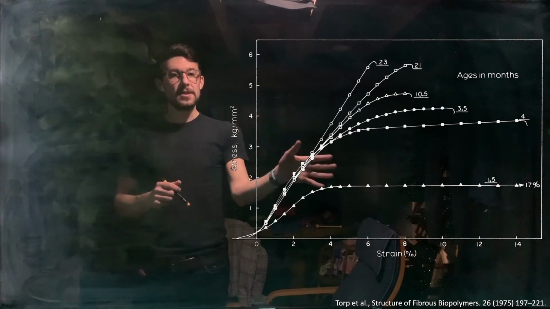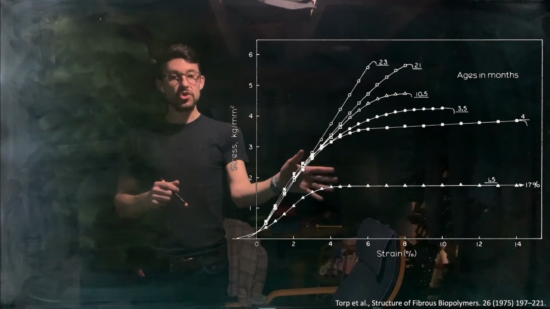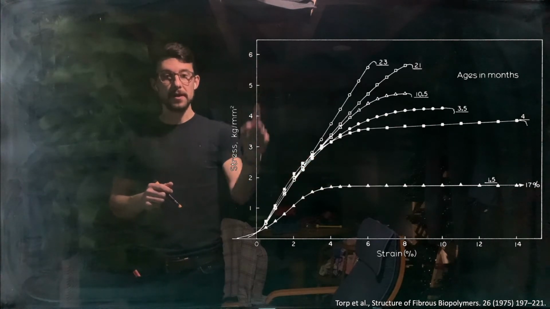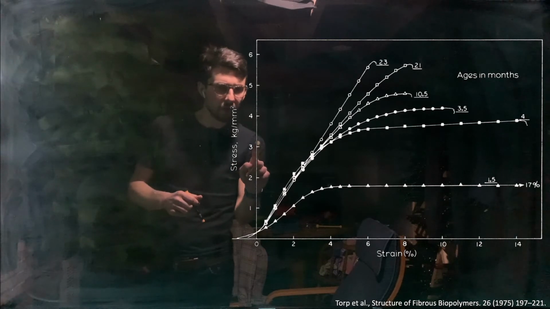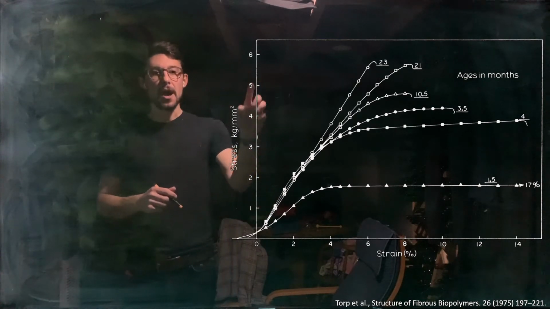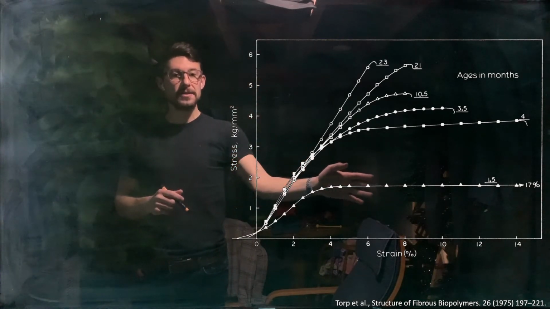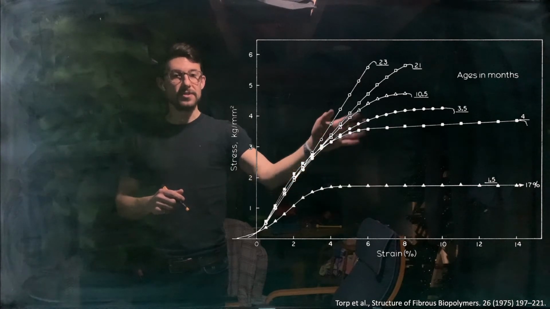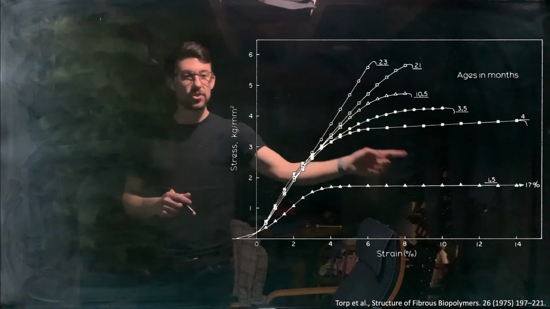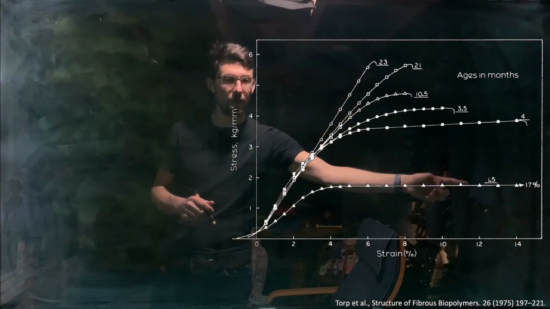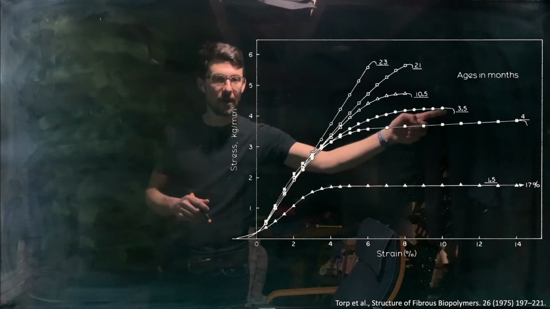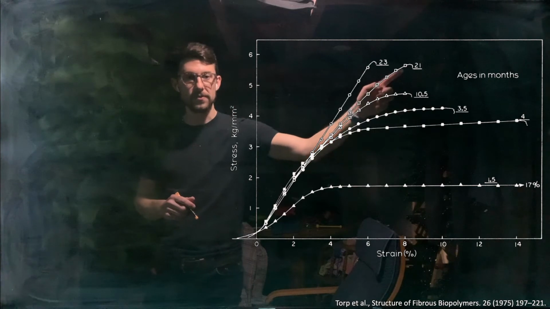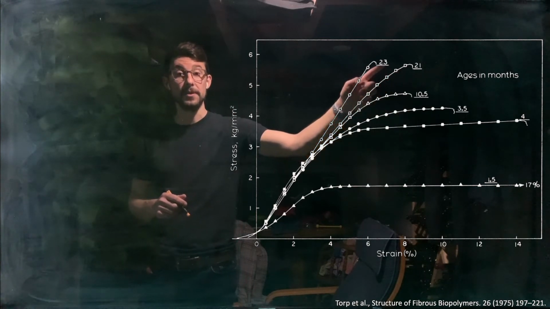So here's the change in mechanical response in a stress-strain plot of tail tendons from rats of different ages, and you can see the increase in strength as we go from a rat of a young age up to a rat of 3.5 months old, 10.5 months old, 21 months old, 23 months old, right?